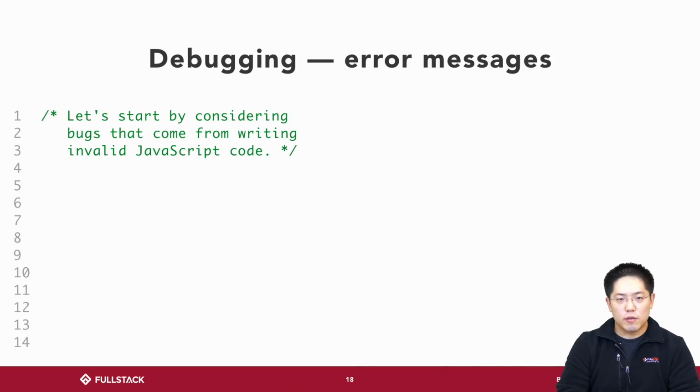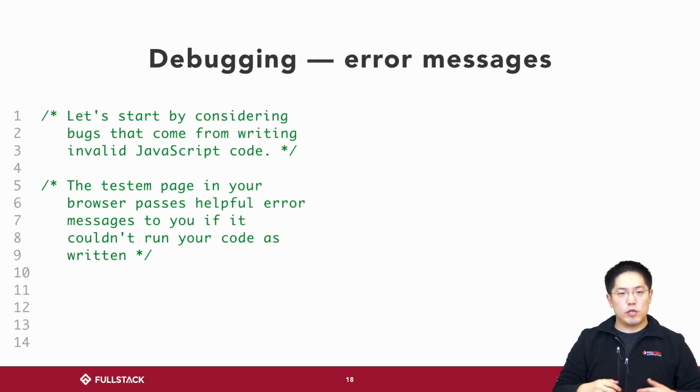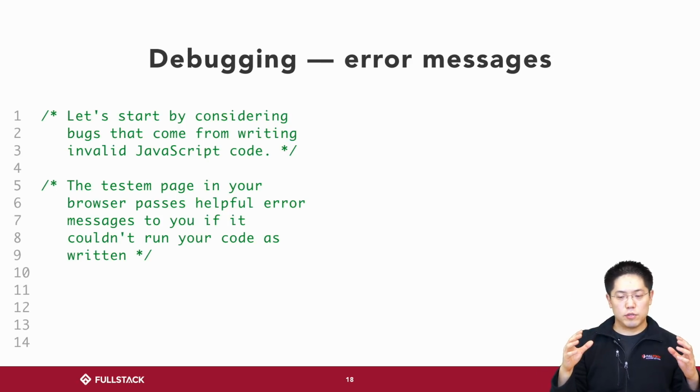So the first thing, let's start by considering some bugs that come from writing JavaScript code. The testim page in your browser passes helpful messages to you if it can't run the code that you wrote. So as you're working through testim, as you're working through the specs, you'll see that in the browser, it will show you errors as they come.